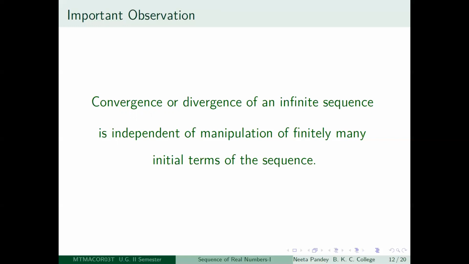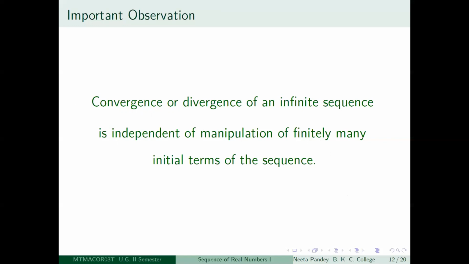So even if you manipulate the first finitely many initial terms of the sequence, that is not going to affect the convergence or divergence of the sequence, because in the definition itself you see that you just want that something should happen after a certain term.